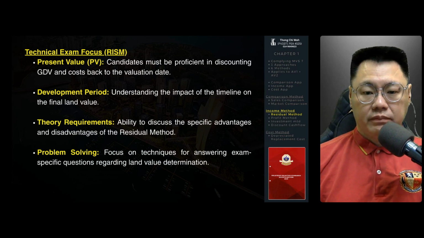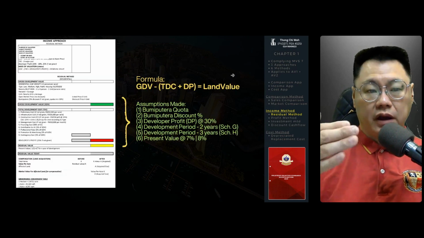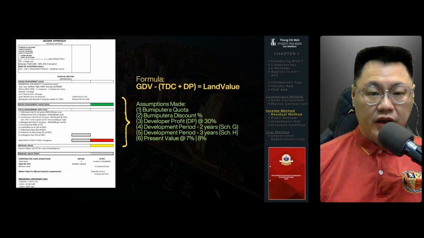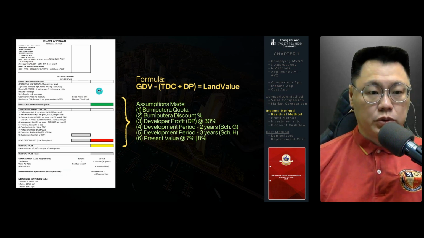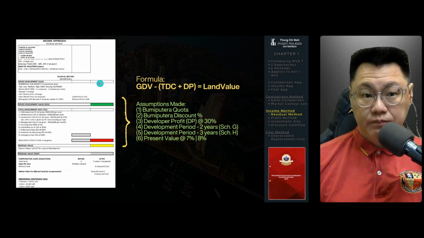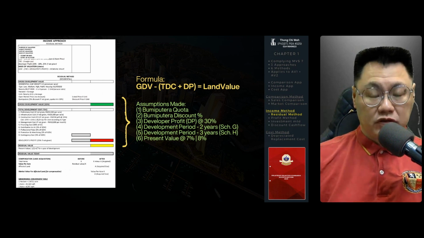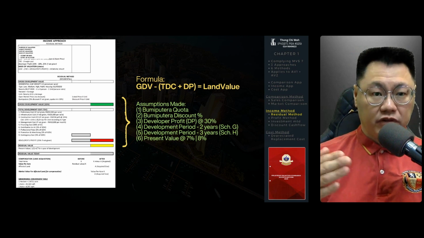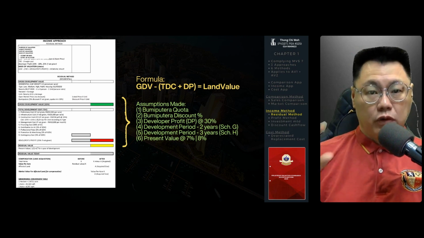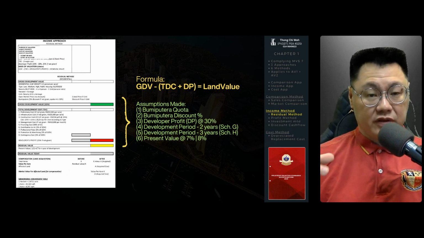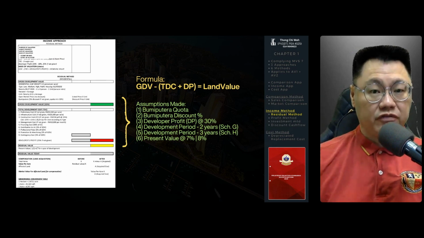And then, again, there is a process. The process is basically you need to start with GDV. You have to calculate the number of units of property that can be sold at the market value, whatever the SPA price. You get what we call revenue, if it's in accounting, but here it's called gross development value.